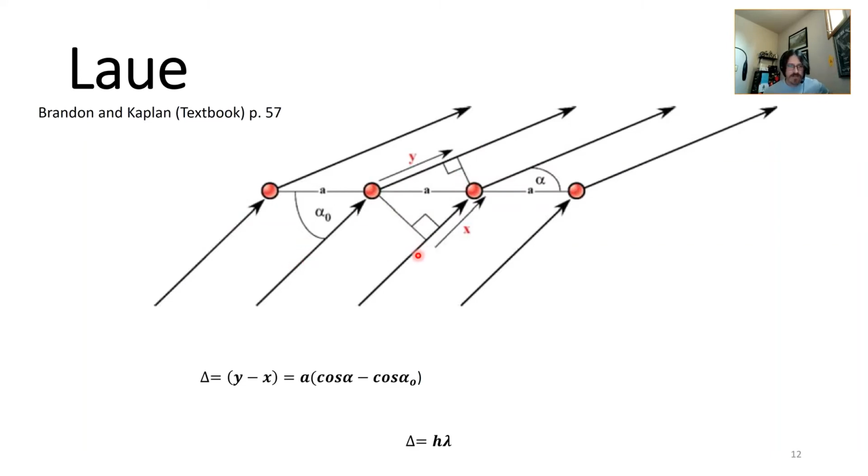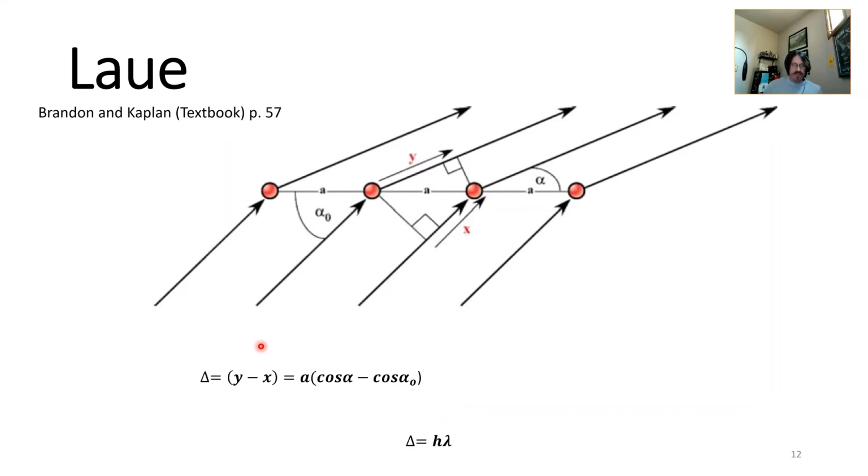There's a path difference between this x and y. Okay, so delta, and you have to realize that the path difference is going to be an integer of the wavelength of your X-rays. Here for a, he denoted the integer h, and it has to be 1, 2, or 3. So it can't be 1.5 or anything like that. So h is going to be 1, 2, or 3, and we'll just assume 1 for simplicity.